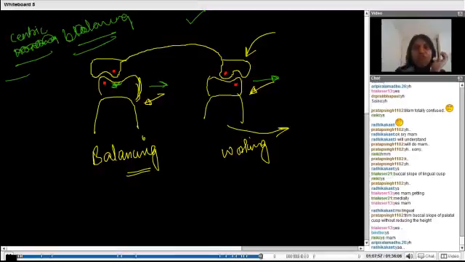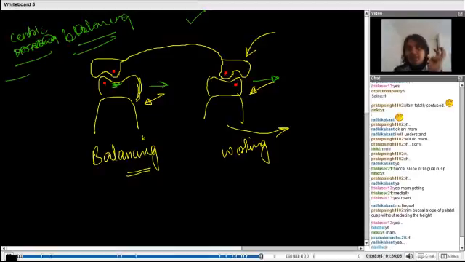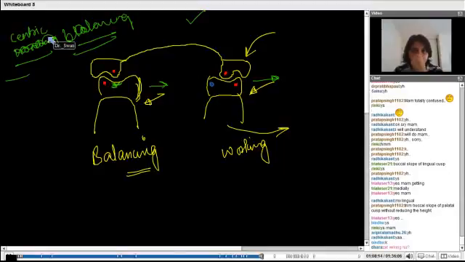When your jaw is moving towards this side, your red dot will come in contact with red dot. And here your red dot will come in contact with blue dot on working side.